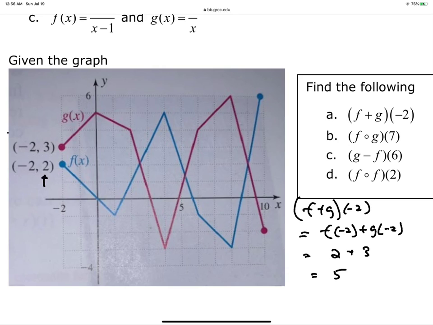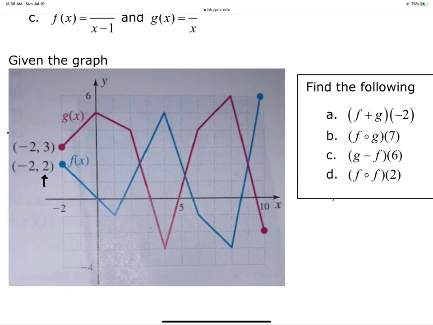I'm going to erase this because right now I don't have enough room for this problem. I apologize ahead of time. Now look at f circle g of 7. Using the definition, this means f of g of 7.